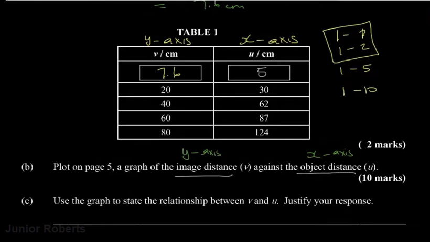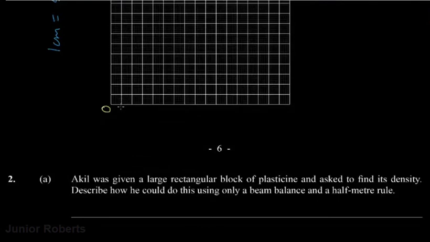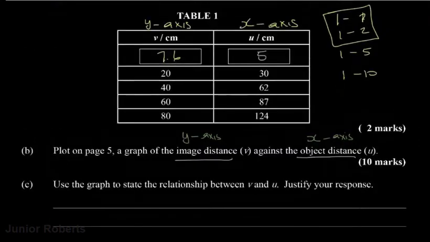So with 1 to 5, for each centimeter, we'll say 5, 10, 15, 20, 25, 30, 35, 40, 45, 50, 55, 60, 65, 70, 75, 80. So that's not going to work. Right, so we can try 1 to 10 and we'll say 10, 20, 30, 40, 50, 60, 70, 80, 90, 100, 110, 120, 130. Right, and we need to plot up to 124. So do you think that 1 to 10 would be a suitable scale for the x-axis?